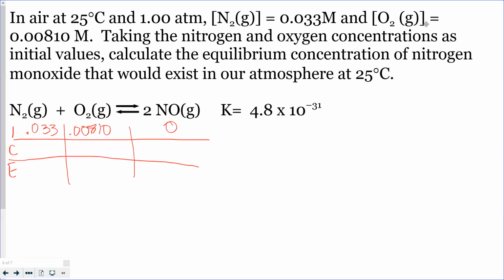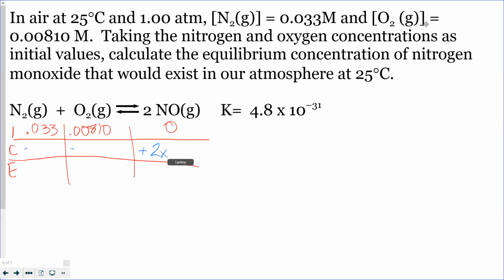So this is where we have to use that factor of x as our change factor. Remember, nitrogen monoxide is 0. You cannot subtract from 0. So we have to add to our product side and subtract from our reactant side. Since nitrogen monoxide has a coefficient of 2, we are adding a factor of 2x.